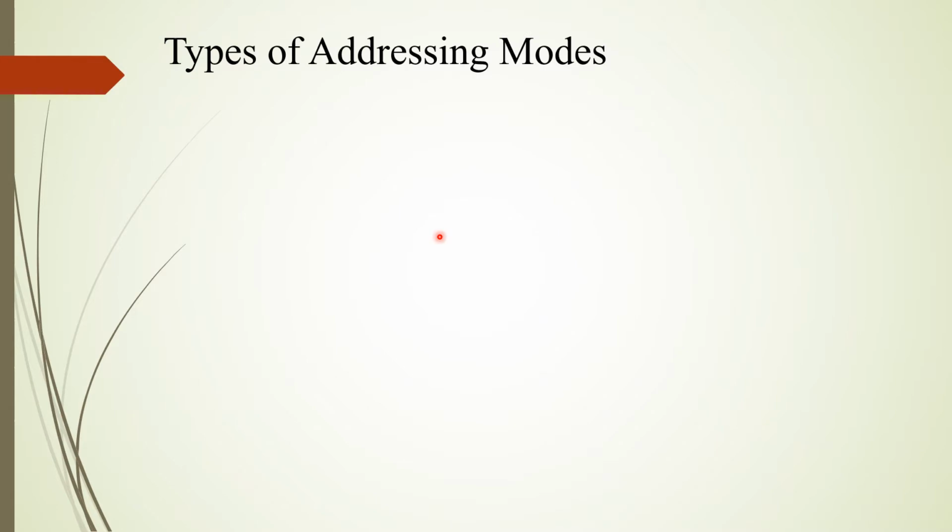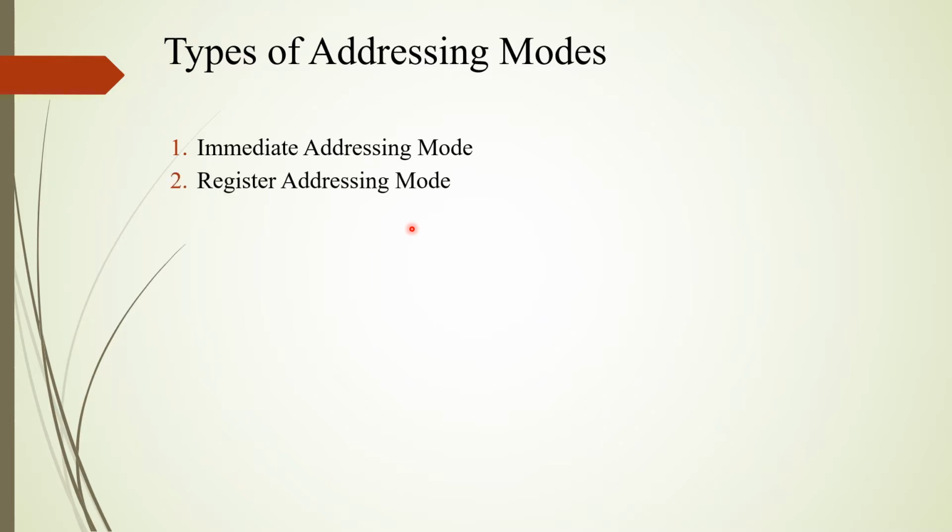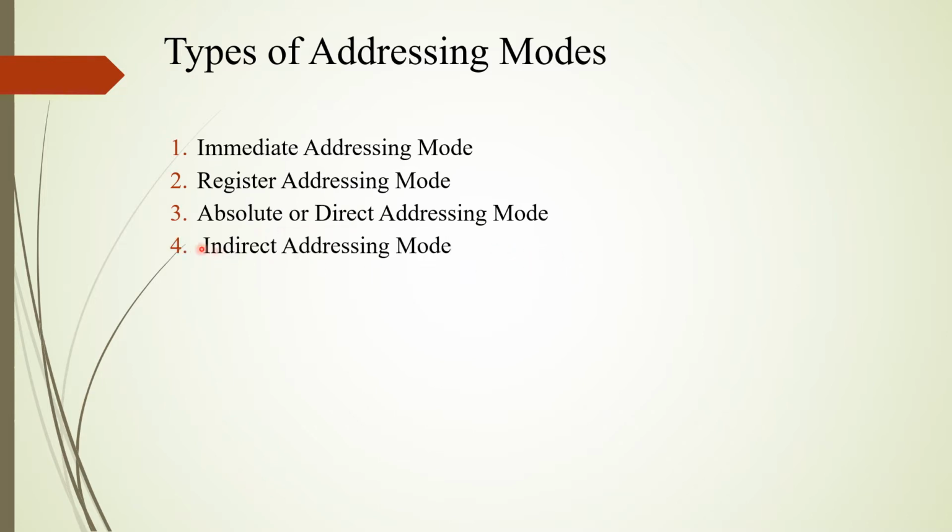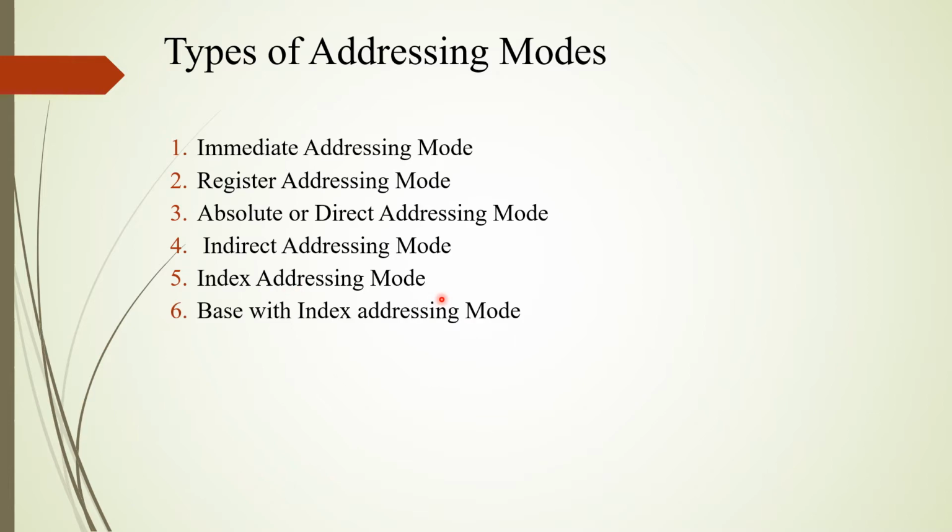Now, what are the types of addressing modes? Totally, we have 10 types of addressing modes in this computer organization and architecture subject. First, immediate addressing mode. Second one, register addressing mode. Absolute or direct addressing mode. Indirect addressing mode. Fifth one, index addressing mode.